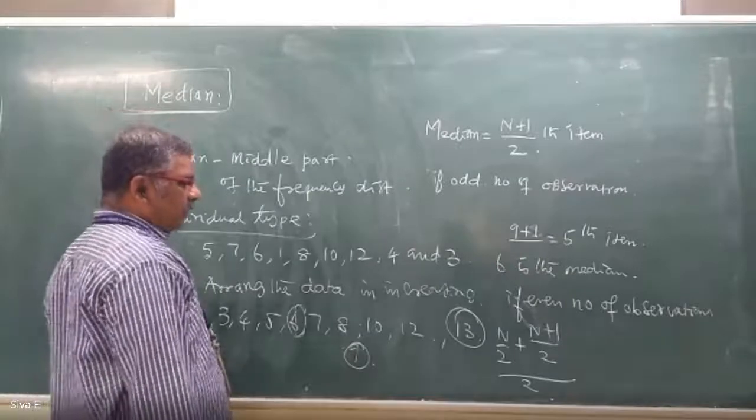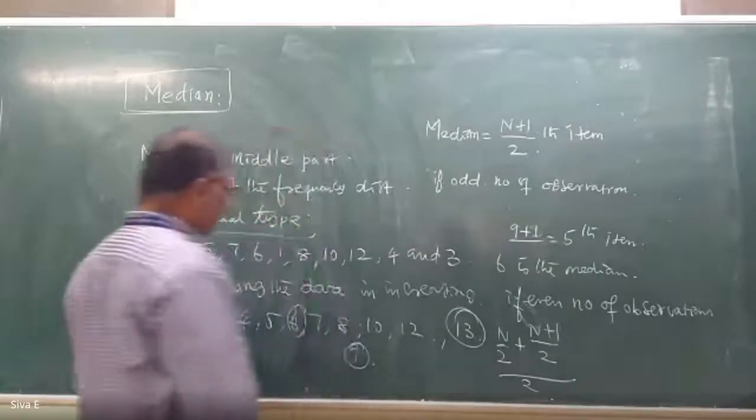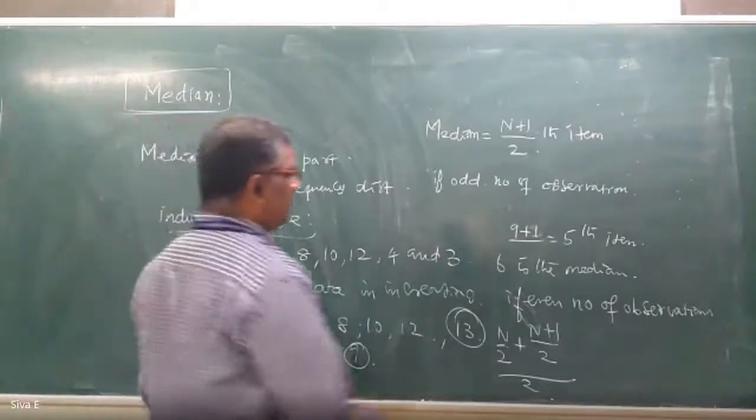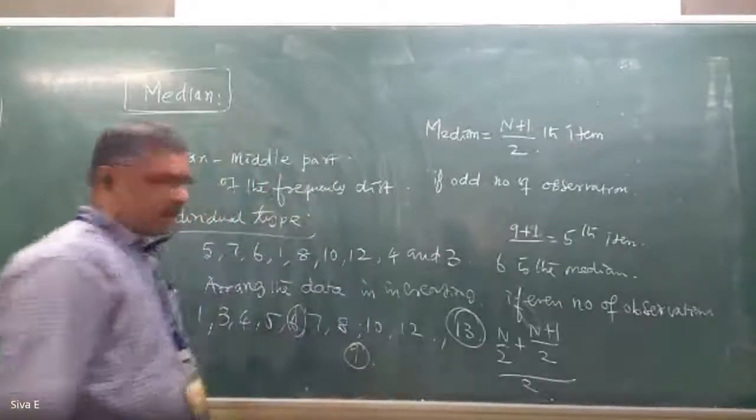Therefore, here the median is the 5.5th item. So this is one more formula, you can note that down.